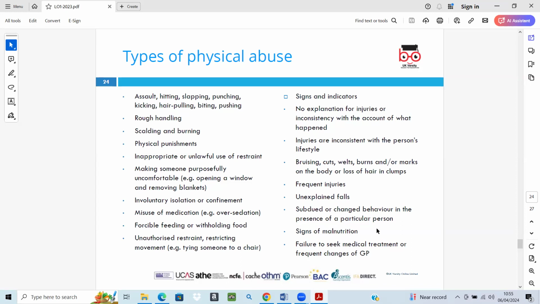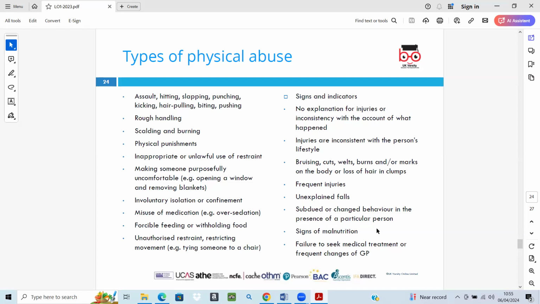Then rough handling, which is handling someone in a rough or aggressive manner. Then we have scalding and burning, which is causing burns or scalds through a hot object or liquid. Then we have physical punishment, which is using physical force as a form of punishment.